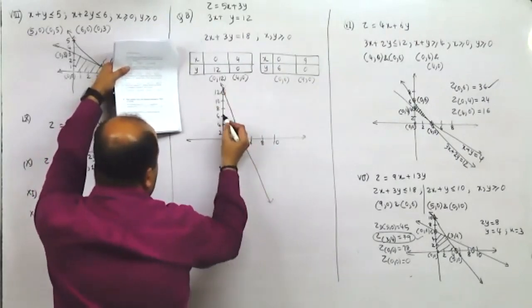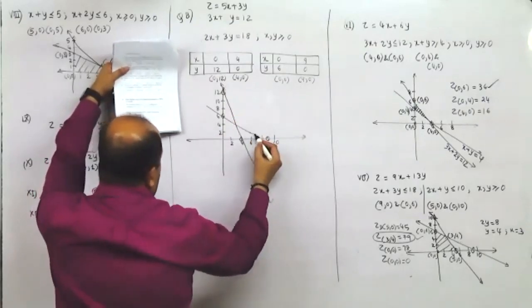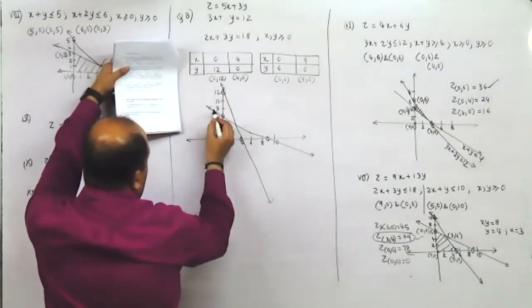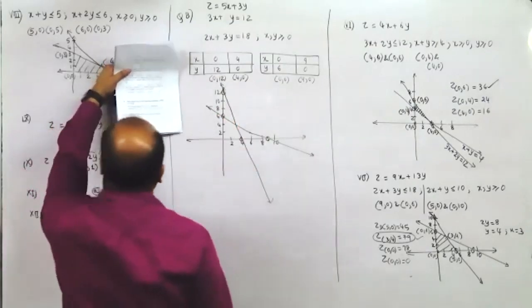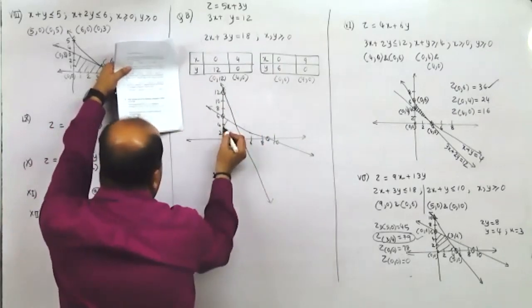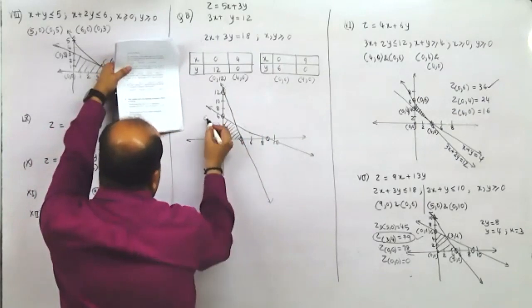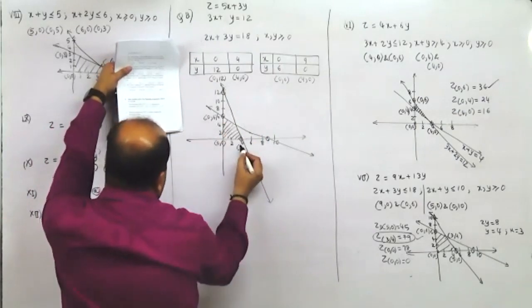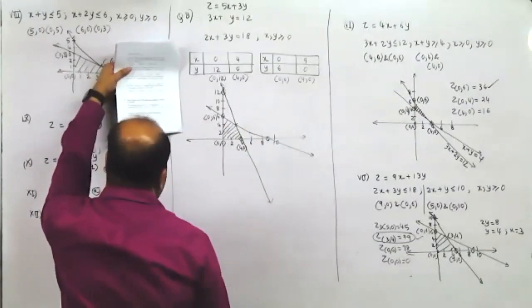Zero comma 6 and 9 comma 0. Both are less. So this is 0 comma 0, 0 comma 6, 4 comma 0.